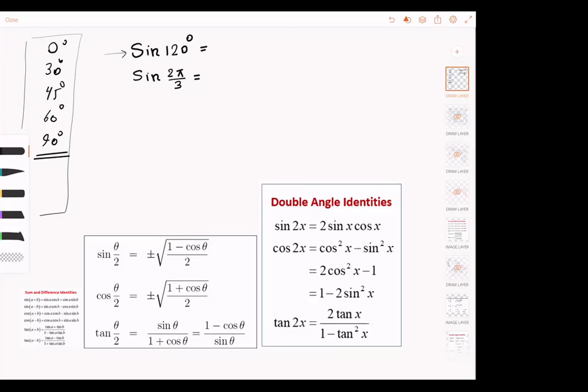Which set of formulas here should we use? This one, or that one? Which one should we use that makes it to 120?